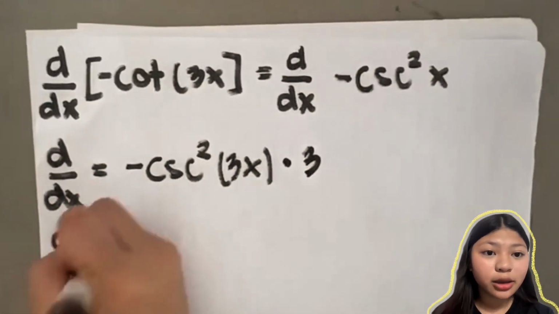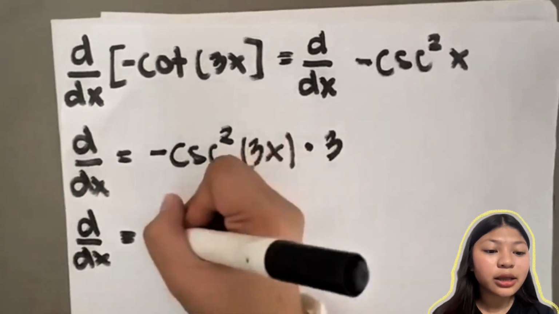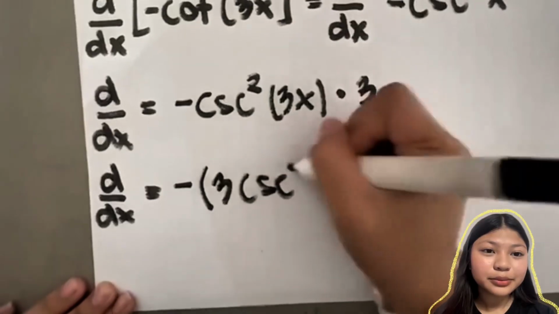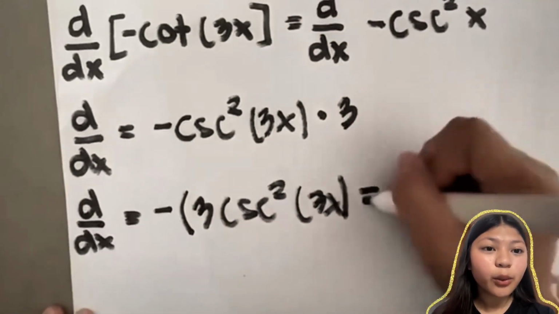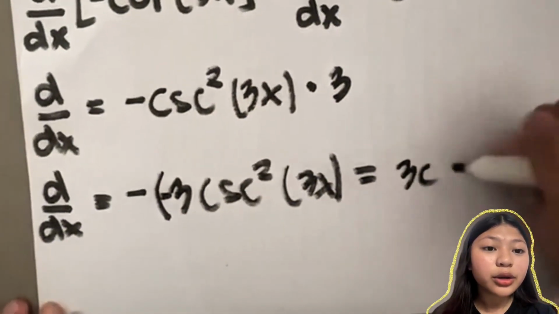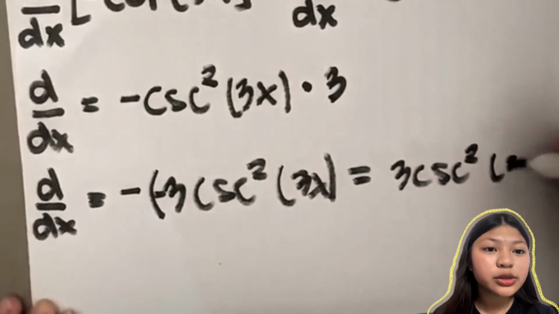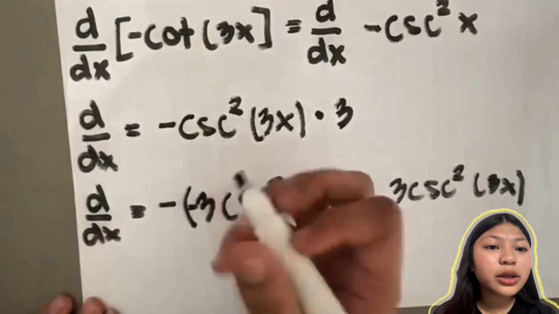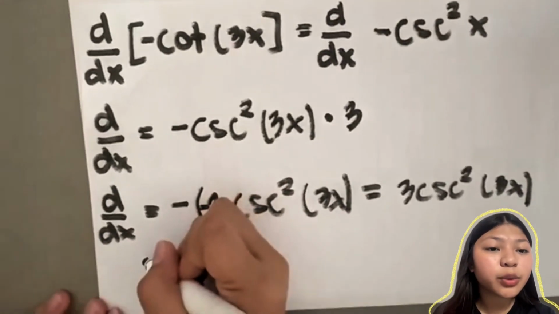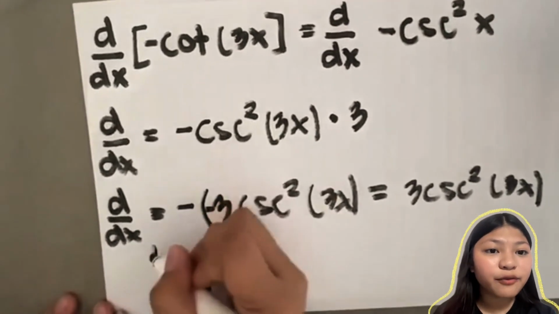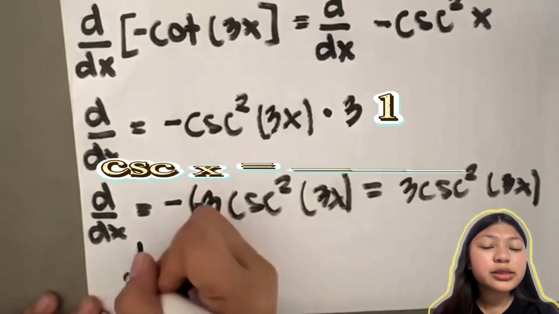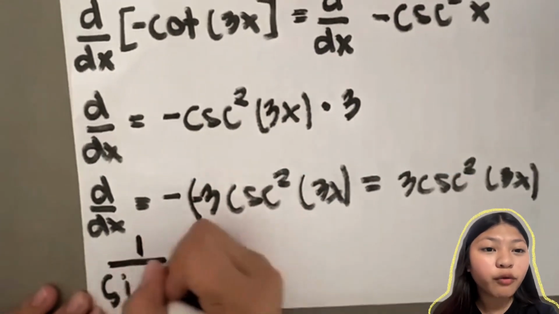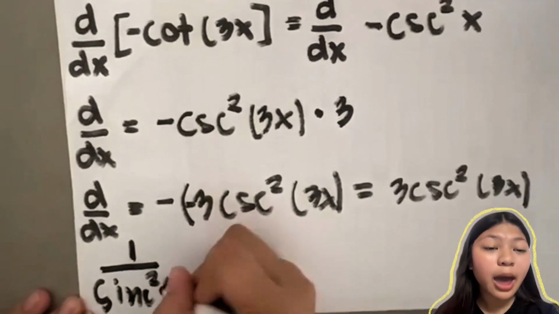We are not yet done since there is still the negative outside. So this will equal positive 3 cosecant squared 3x. We can still rewrite 3 cosecant squared 3x in sine form, since cosecant squared in sine form is equal to 1 over sine squared x.